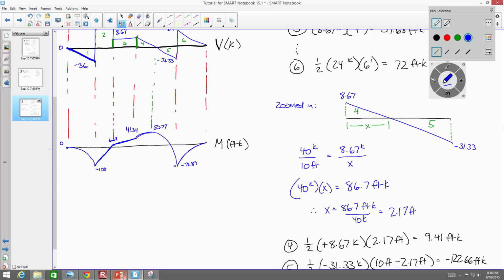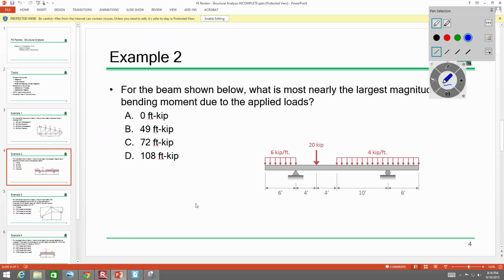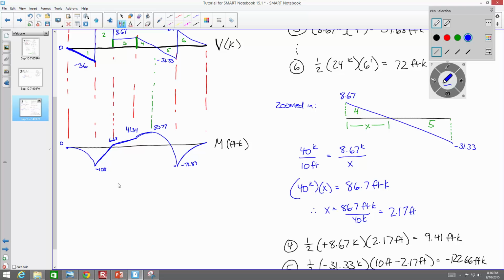The problem was, what is the largest magnitude of bending moment? What's the answer? The magnitude of bending moment on our moment diagram, 108. It's D. That's the largest number, the largest magnitude of bending moment. So let's make sure we know that.